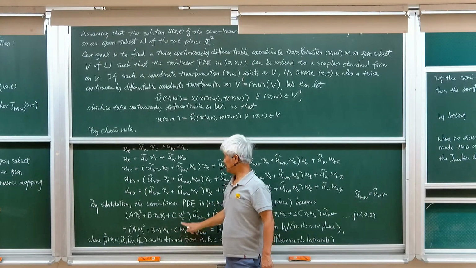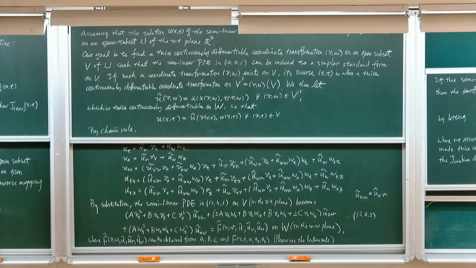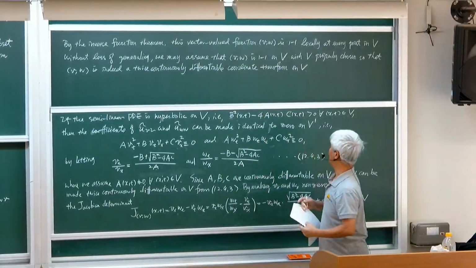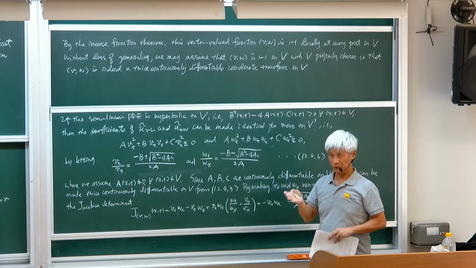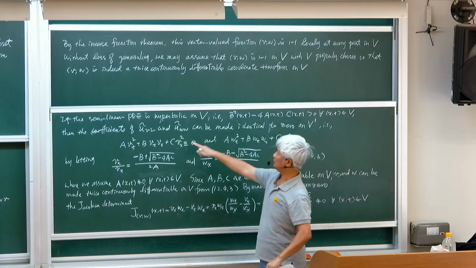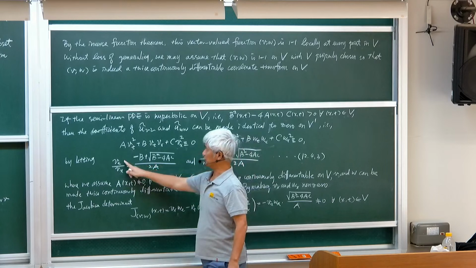Why can we do that? Because we assume that it's hyperbolic on some open subset V of U. From these two requirements, we have the relationship.